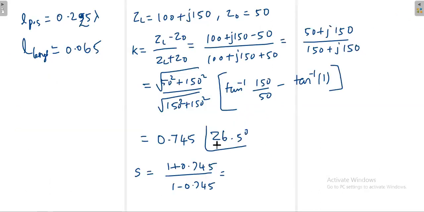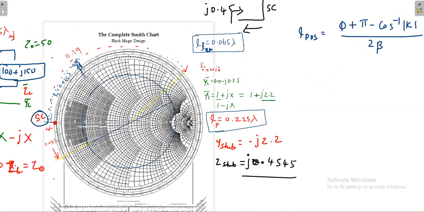What is the answer for the reflection coefficient, sir? 6.84. That also we can easily verify, because here what is the value of R? Once you read the value of R here, that constant R value will be around 6.4 only.